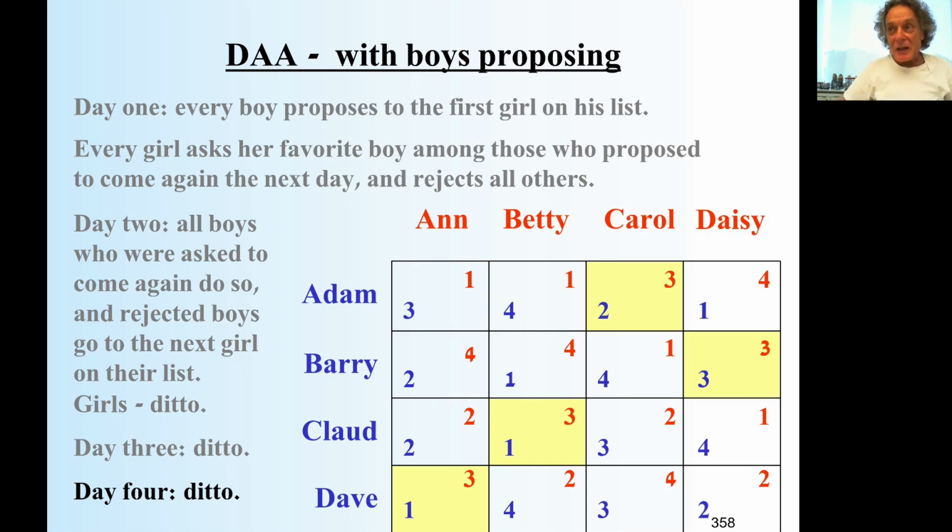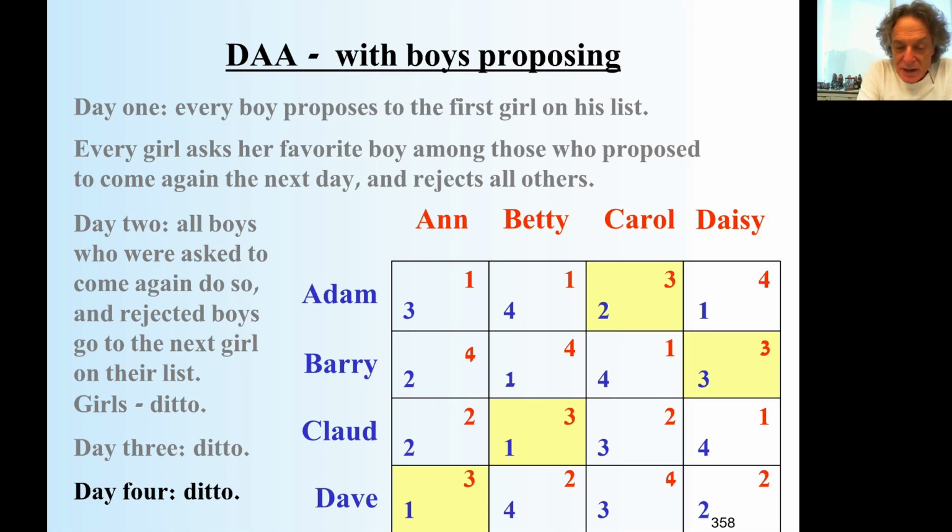On the third day, the rejected boys go from number 2 to number 3 on their list, and so on, until all boys, if they are the proposing side, are matched to girls.